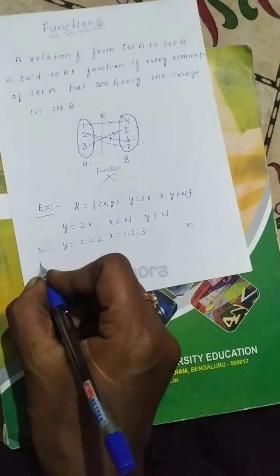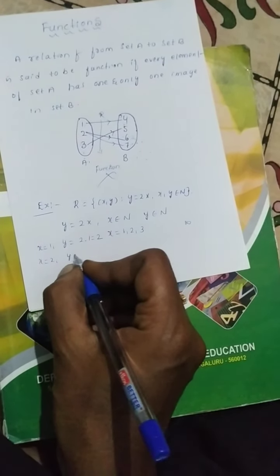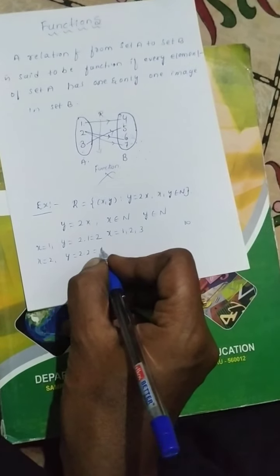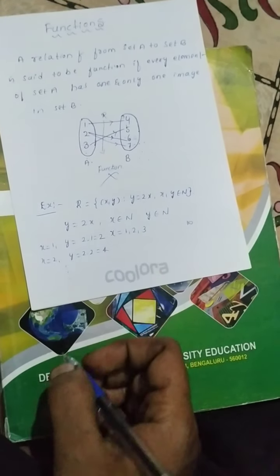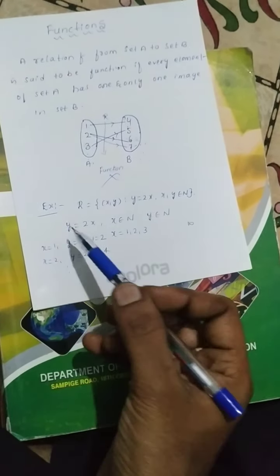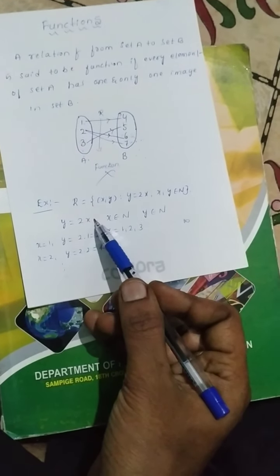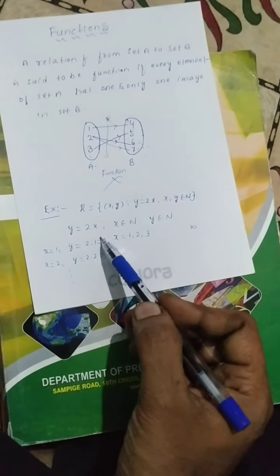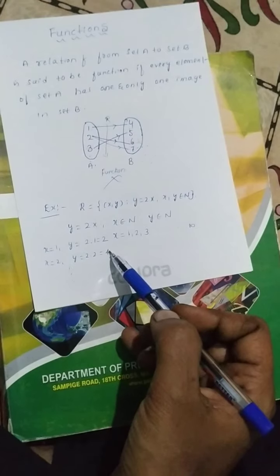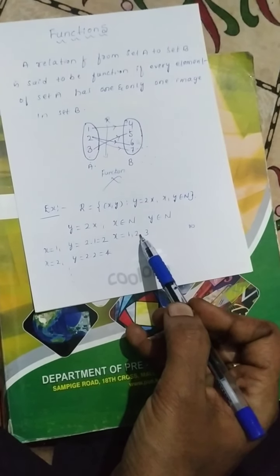Is it clear? If I take x as 2, y is equal to 2 into 2, which is 4, and so on. It is infinite. y is a multiple of x, and all the multiples of 2 will be there in the natural numbers.